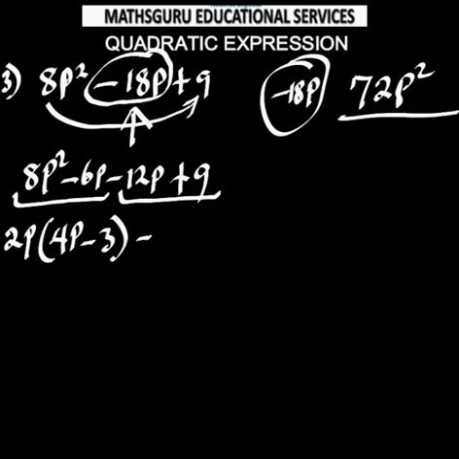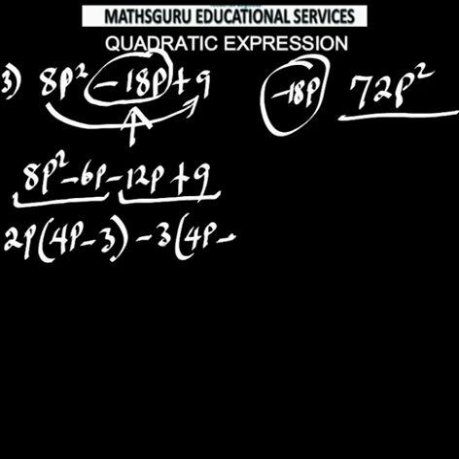Then we have a negative. We have 12p and 9 here. The highest common factor of 12p and 9 is 3. 3 in 12p will be equal to 4p. Negative in positive, that is positive divided by negative, is negative.